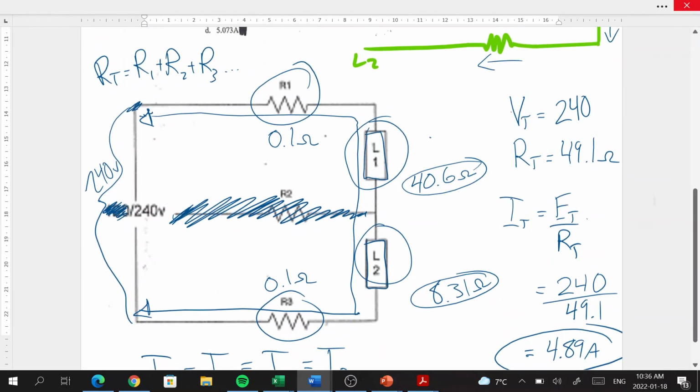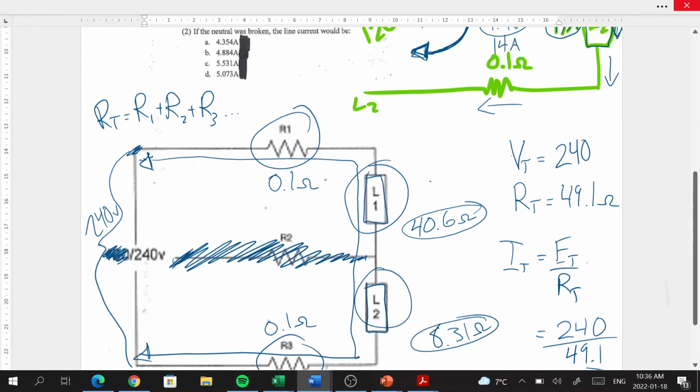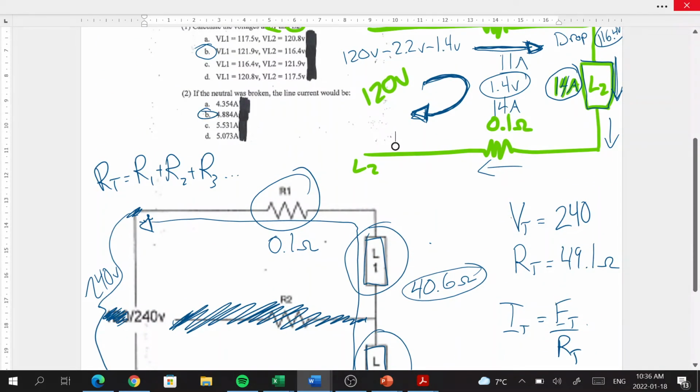Okay, so let's see if that's an option. Up top here, we have 4.884. That's the closest one. So B is our answer.